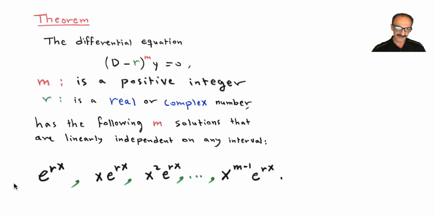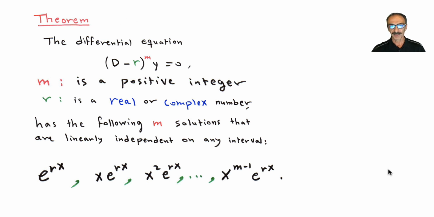If you count these, they are m solutions. Why? Look at x^(m−1) on top, and going backwards to x^1, x^0. So if you read exponents from 0 to m − 1, it's m terms.